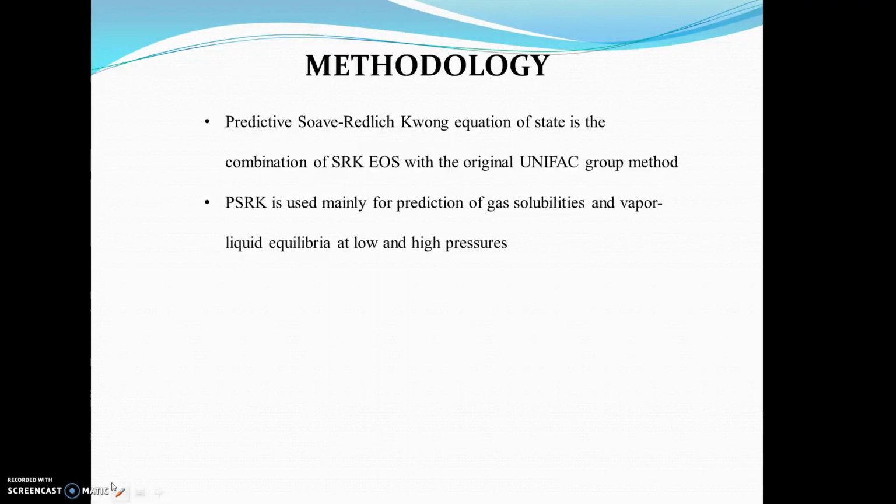PSRK is generally used for the prediction of gas solubility and vapor liquid equilibrium at low and high pressure. With the combination of PSRK and UNIFAC, the UNIFAC database has been extended to gases of supercritical condition by fitting gas solubility and vapor liquid equilibrium at very high pressure too. The PSRK method also is able to estimate the partial fugacity coefficient in the ternary system of cyclohexanone and hydrogen through the combination of UNIFAC.